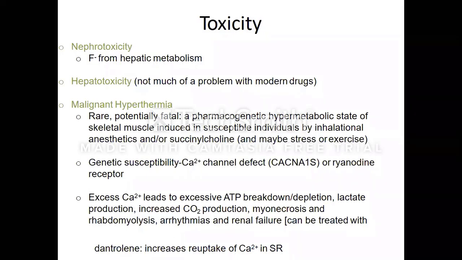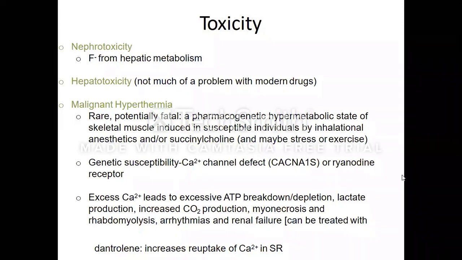With modern drugs, hepatotoxicity is not a big problem, but with some older anesthetics, hepatotoxicity exists. Some halothane-like anesthetics are associated with malignant hyperthermia. Although it is rare, it is risky. You should know that it is potentially fatal if it occurs.